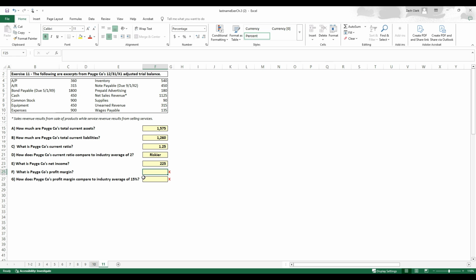So profit margin then is going to be our net income divided by net sales revenue, right?